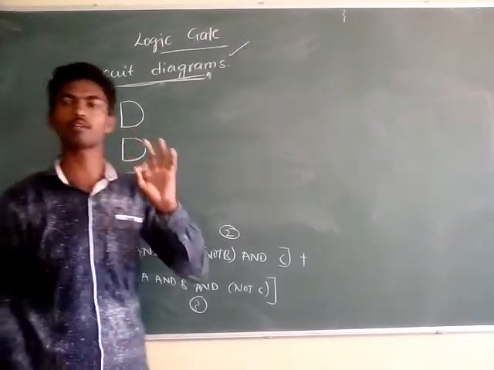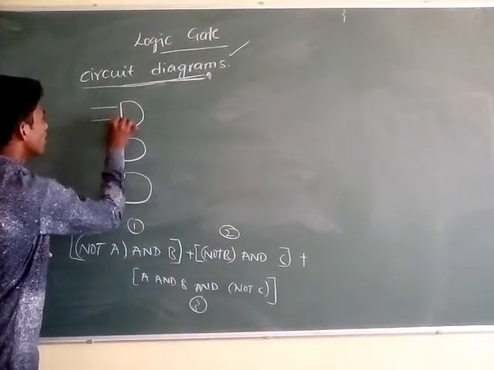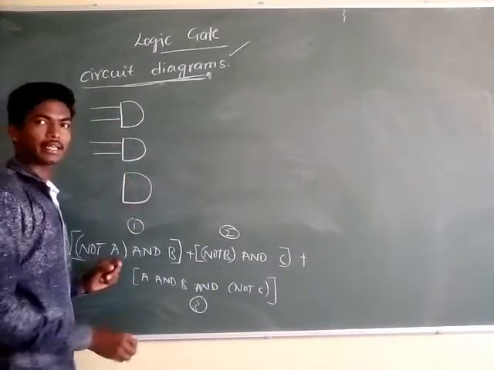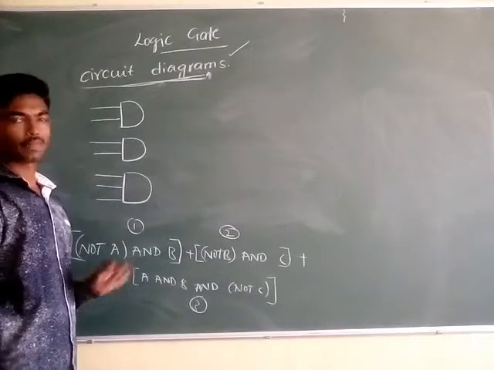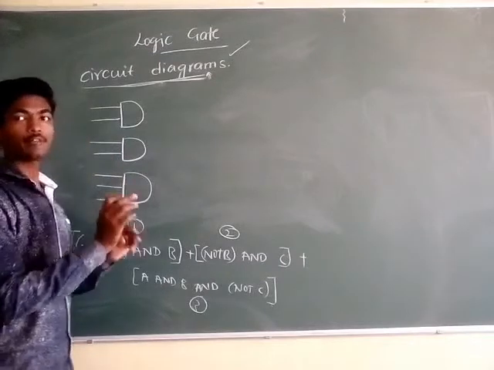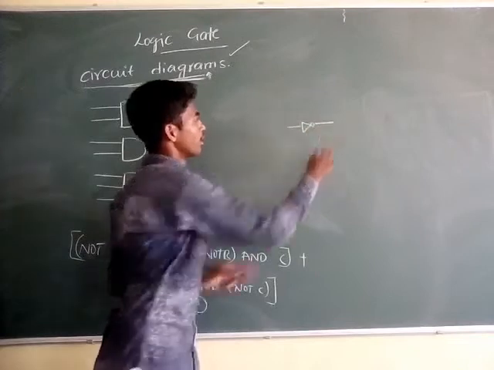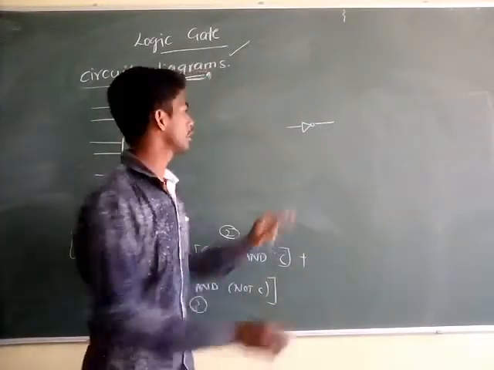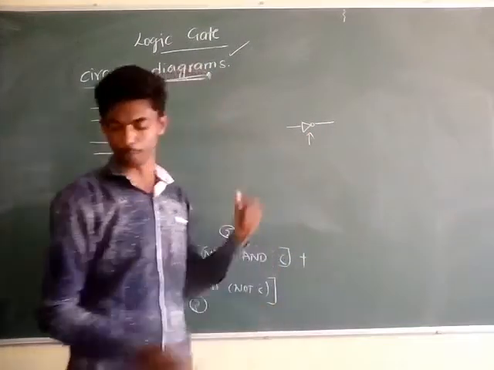I will draw the input lines first: two inputs for the first AND gate, two input lines for the second AND gate, and three input lines for the third AND gate. Let us see the inputs one by one. First, not A is there. For not A, you have to insert the NOT operation before the input.